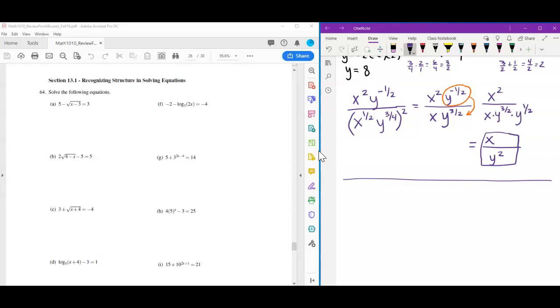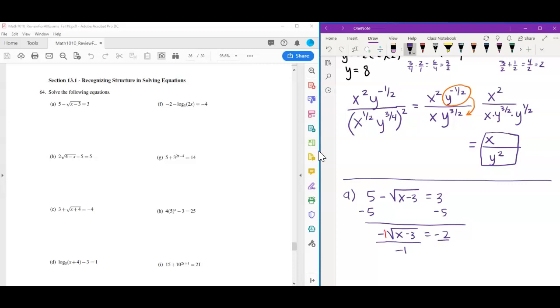Let's do part A: 5 minus the square root of x minus 3 equals 3. The first thing we need to do is get this square root by itself, so let's subtract 5 over. Notice that negative is still there, so be mindful of that. I get this equals -2, but the square root still is not by itself yet, because there's a little invisible -1 there that we need to divide by.